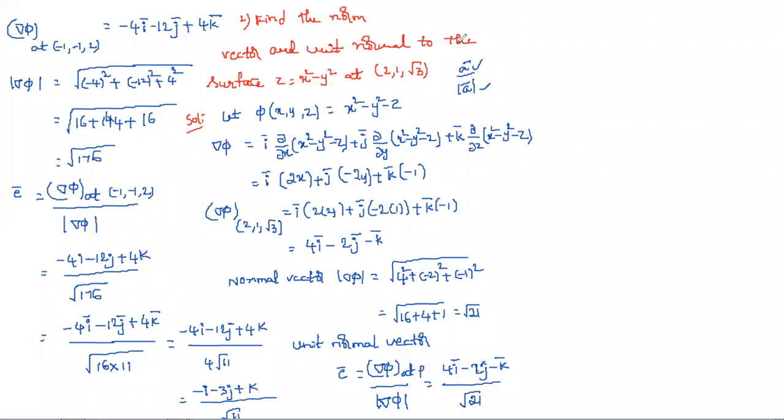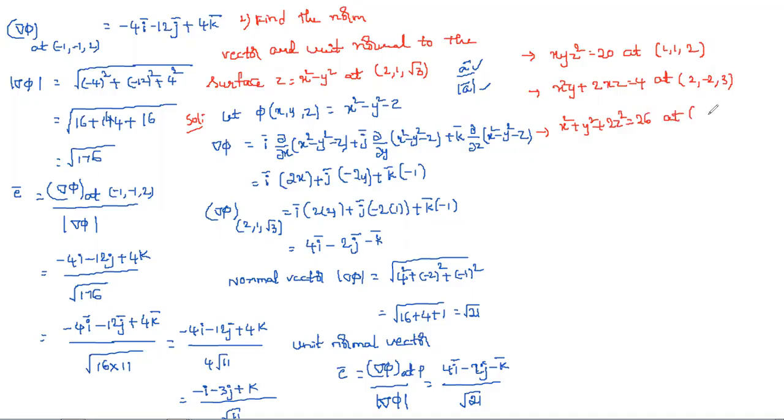These are problems you can practice. Find the unit normal vector to the surfaces: x y z square is equal to 20 at (1, 1, 2); next, x square y plus 2xz is equal to 4 at (2, -2, 3); and next, x square plus y square plus 2z square is equal to 26 at (2, 2, 3).